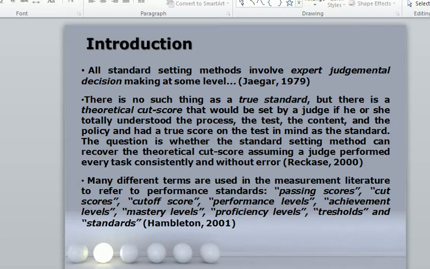Different authors, different assessment experts describe standard setting in different ways. For example, passing scores, cut-off scores, performance level, achievement levels, mastery levels, proficiency level, threshold, and standards.